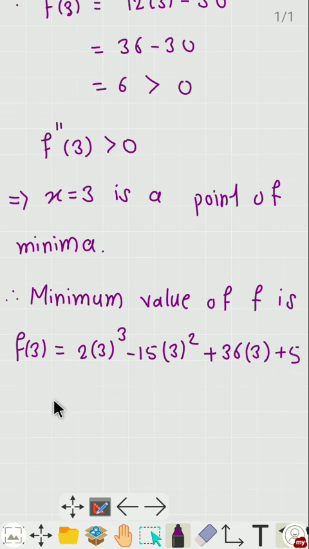Okay, and it is equal to 32. So this is the minimum value of the function f, and it occurs at the point x is equal to 3.